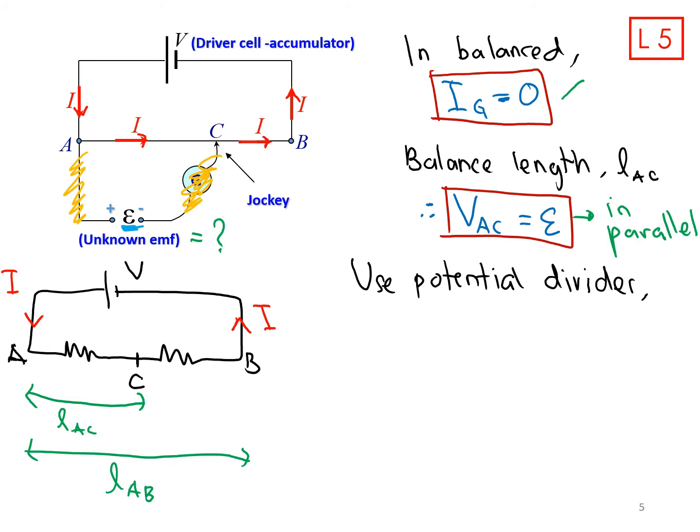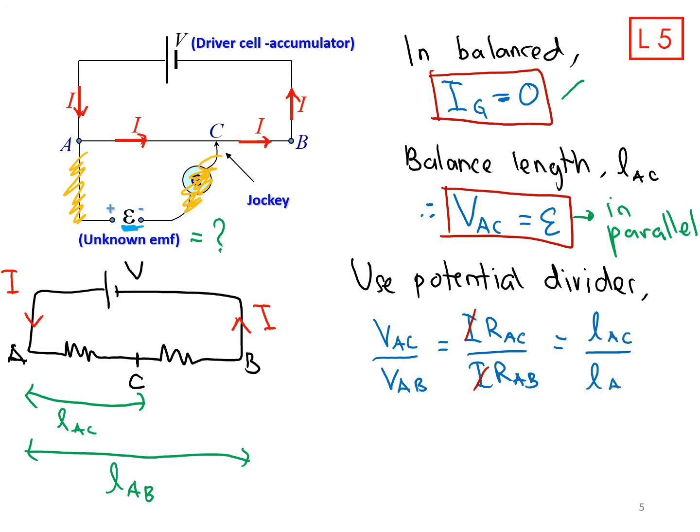I want to do the ratio between VAC to VAB, which equals IRAC over IRAB. This is the same amount of current, so just cancel out your I, and then I change the R with length: LAC over LAB. Why do I change to the length?